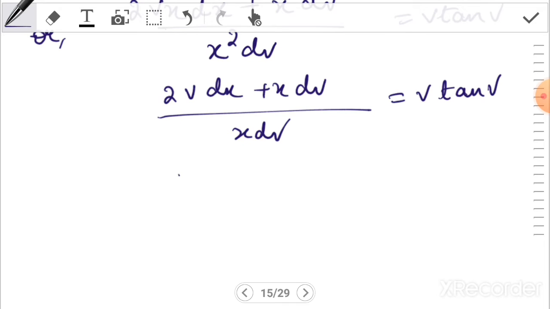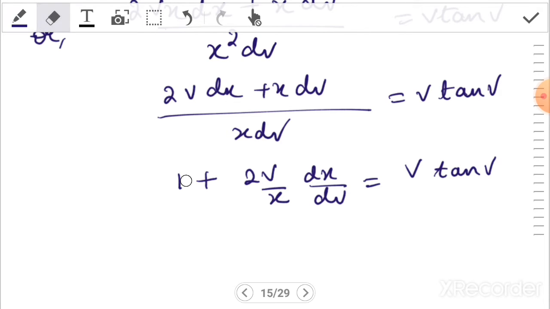Okay, this is 1 plus 2v by x dv dx by dv is equal to v tan v. Taking 1 on the right hand side, so minus 1.